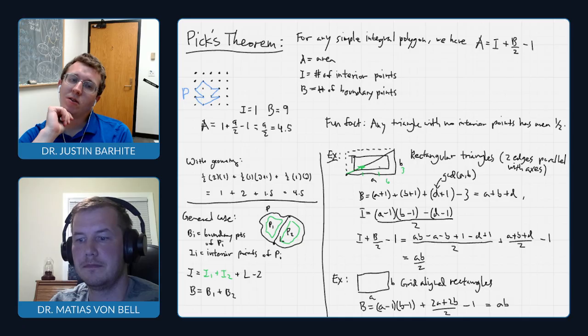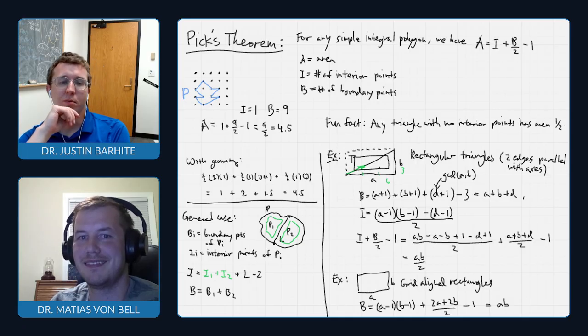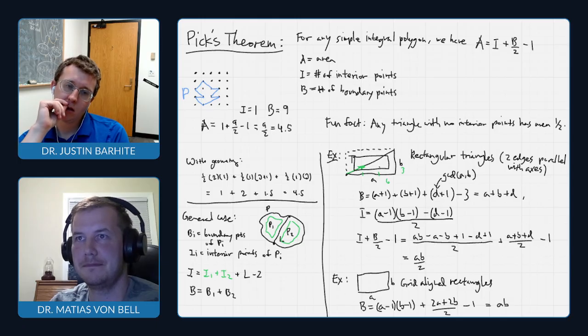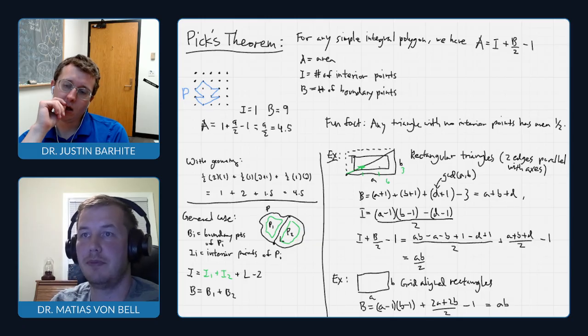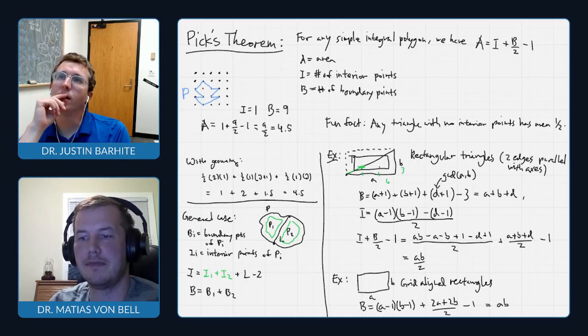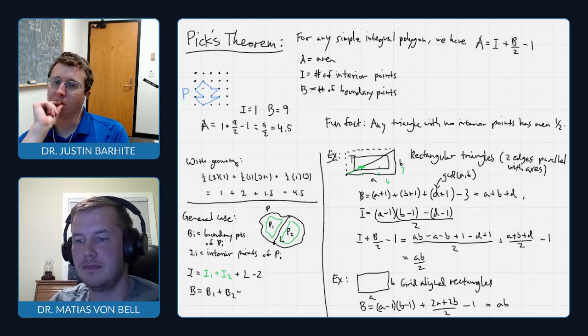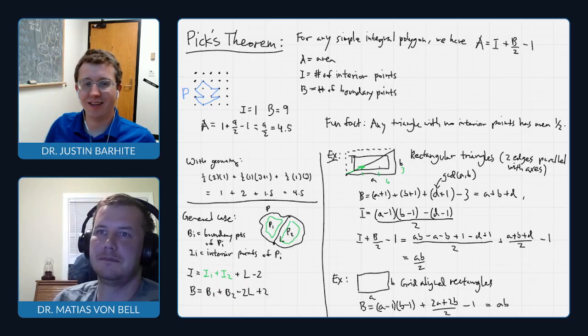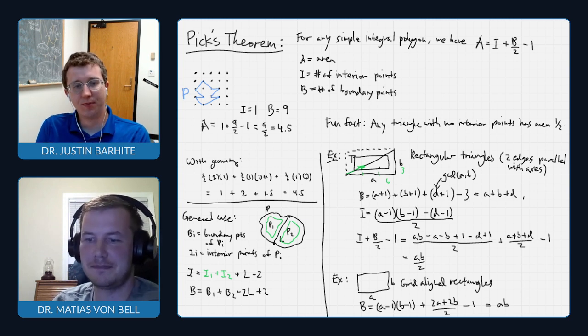I'm getting confused about the endpoints again, but you basically double counted L. So you want to subtract out an L. Actually, you want to subtract both L's out, because those are no longer boundary points, except now you've got to add 2 back in. Yes, exactly.